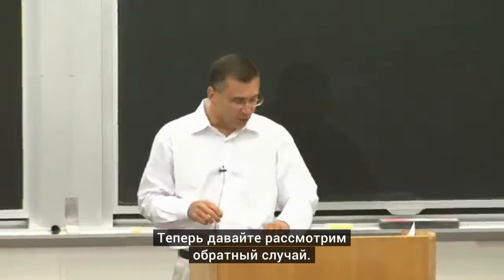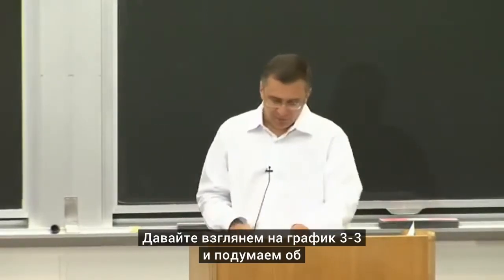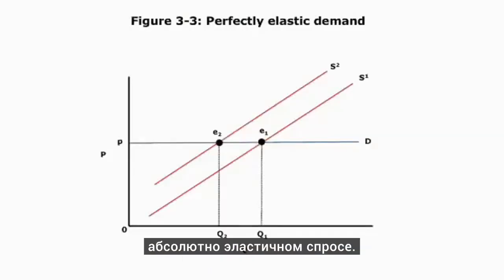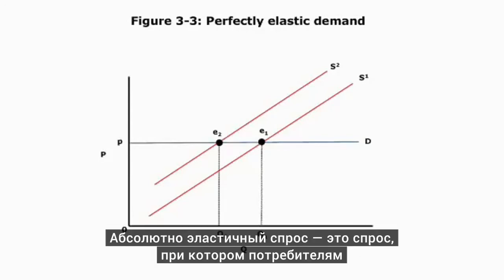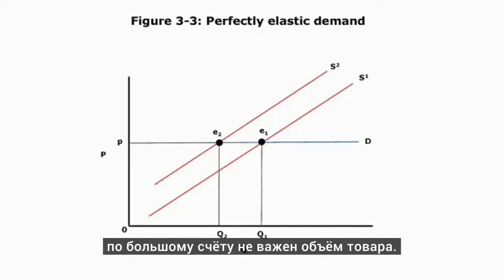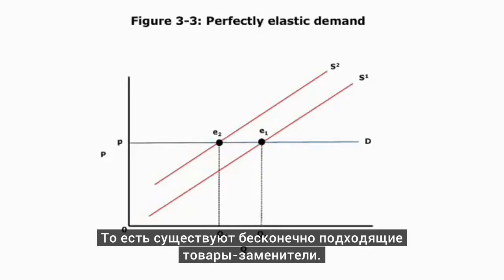Now let's consider the opposite. Let's look at figure 3.3 and think about perfectly elastic demand. Perfectly elastic demand is demand where consumers essentially don't care about the quantity, they just care about the price. That is, there are infinitely good substitutes.